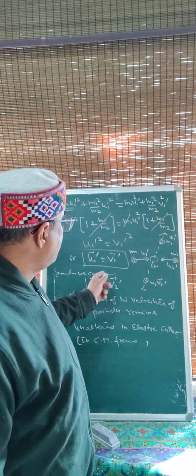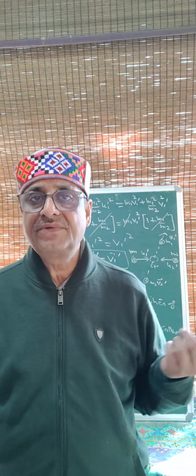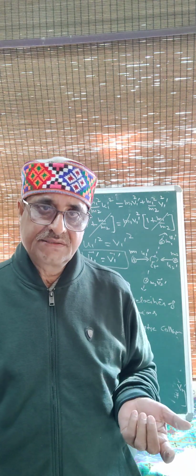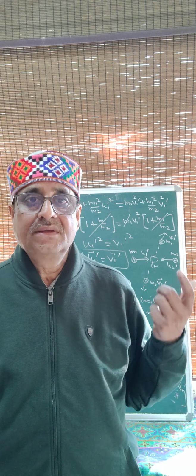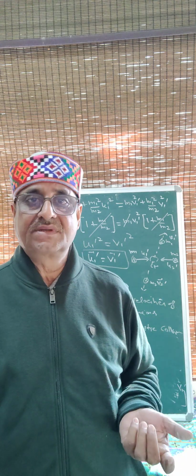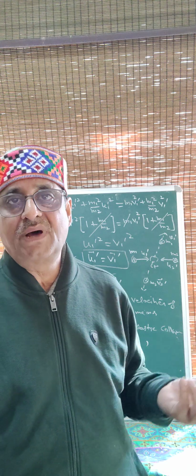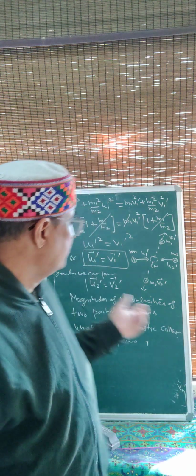This is the second one. This is again important. Yesterday we did the elastic collision as far as the lab frame is concerned. So both of these things we have covered in both frames of reference, in the lab frame and in the center of mass frame as well. So both of these are done.